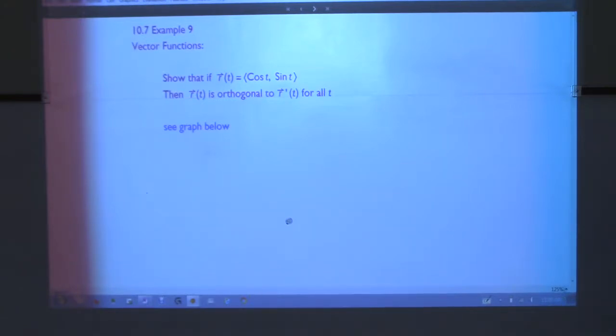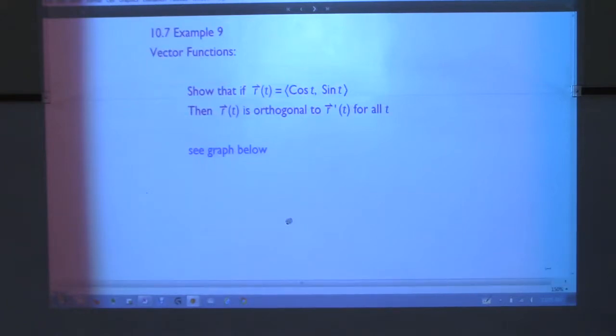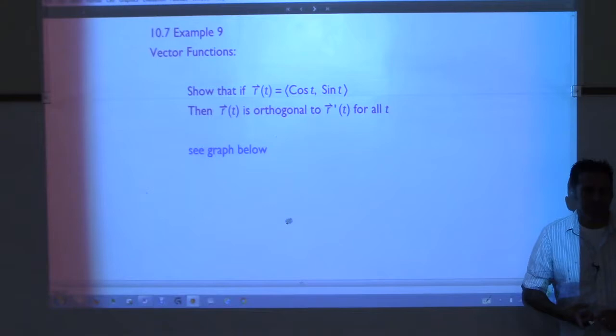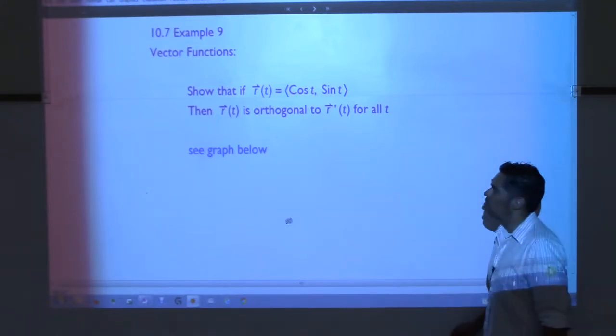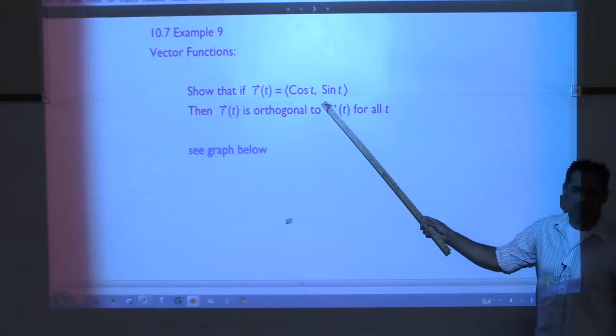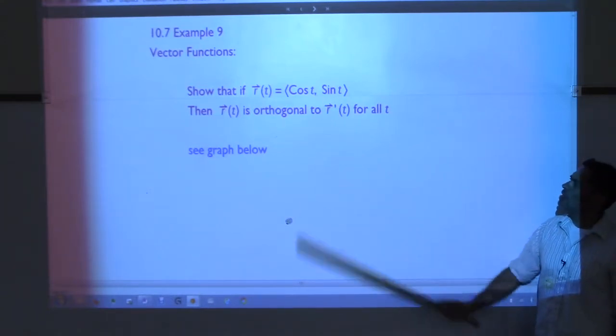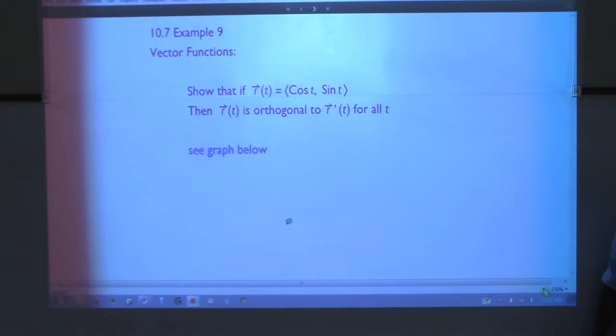All right, we are continuing 10.7. We were talking about vector functions, and we had talked about limits and derivatives. Now we're going to continue with that, and this is just an interesting result. It says that if you have this particular two-dimensional vector function, cosine t, sine t, which draws a circle, we want to show that r of t is orthogonal to r prime of t for all t.